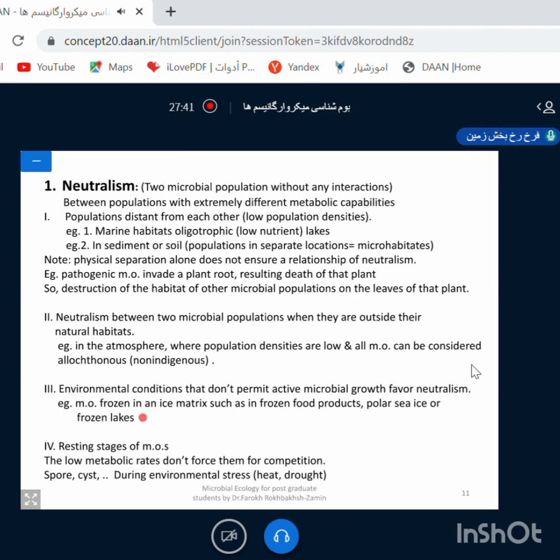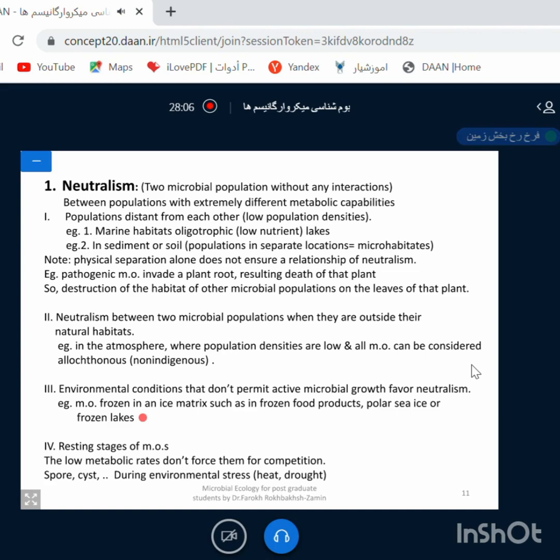Sometimes you want longer preservation. So you put some food in the freezer below 0, sometimes minus 20 degrees centigrade. Or in some special cases, they use minus 80 degrees centigrade.